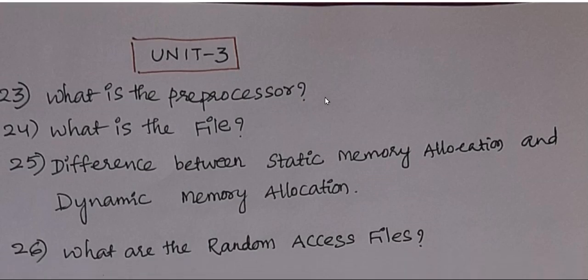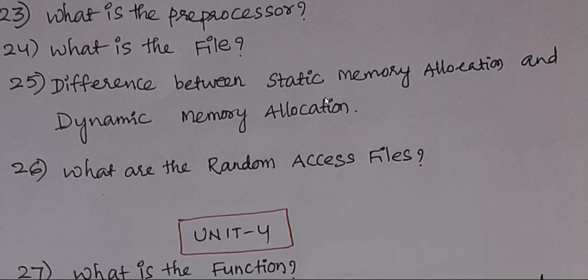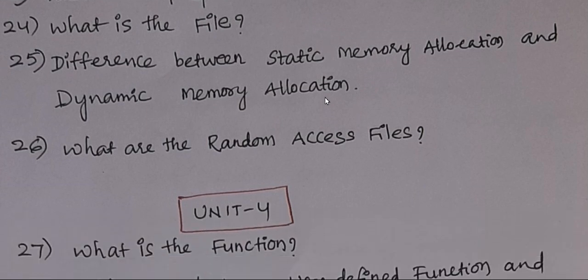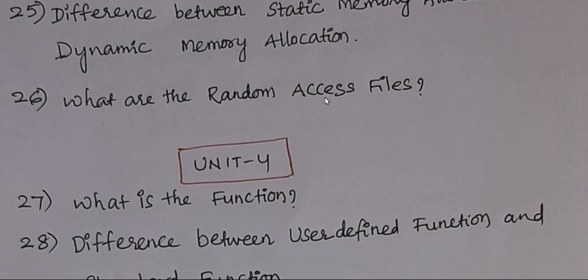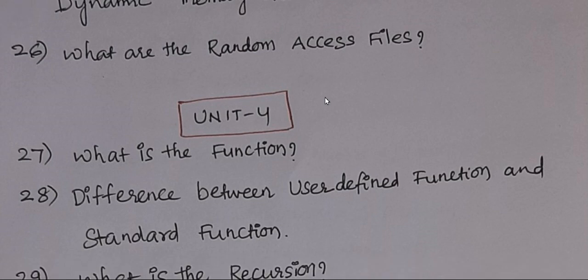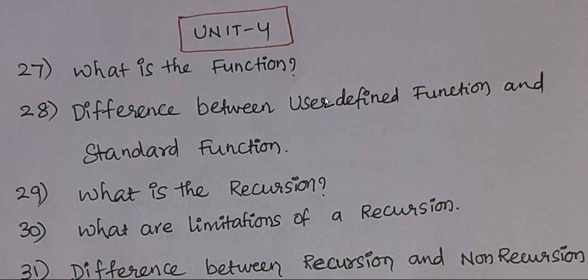From unit 3, what is the preprocessor? Next, what is the file? Next, difference between static memory allocation and dynamic memory allocation. Next, what are random access files? Next, fourth unit, what is the function?